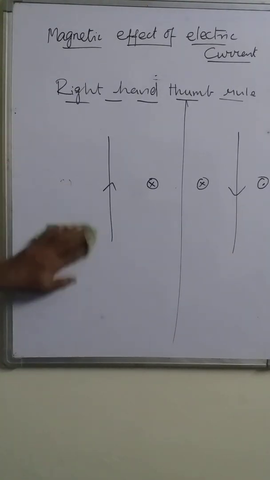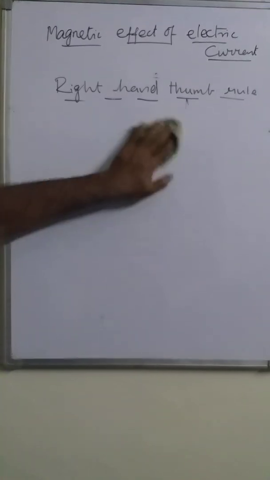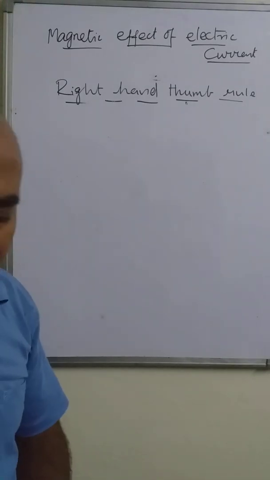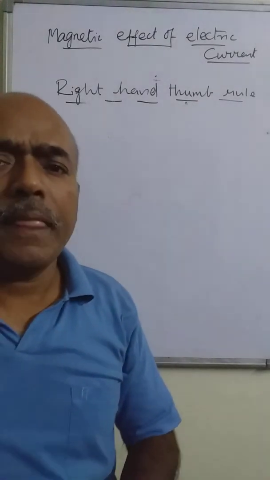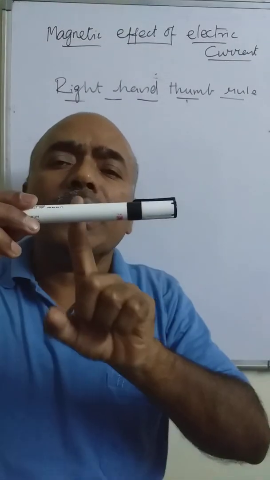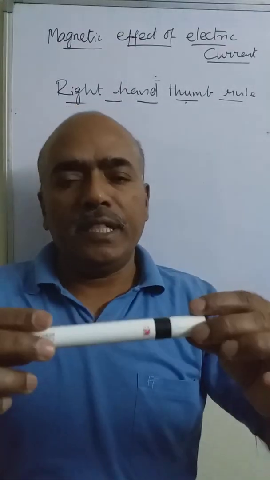For this, I can give an example, or we can say a simple question. Suppose a horizontal straight current carrying conductor is placed in front of us.